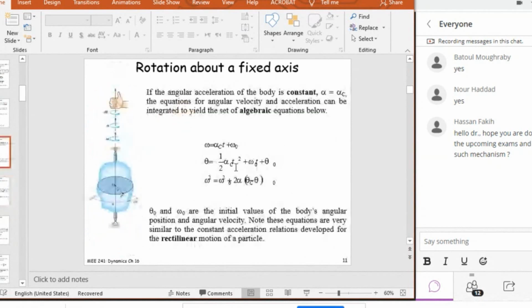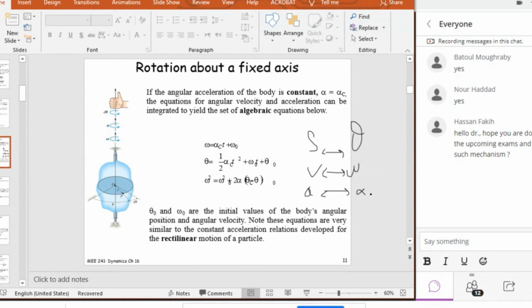So if you want to do the analogy, you can replace S by theta, you can replace V by omega, and you can replace A by alpha. And this is the analogy between a translation and rotation, and then you can have the equations of kinematics for the velocity, for the acceleration in the cases of constant velocity, constant acceleration, and the equation independent of time for velocity if I have a constant acceleration.